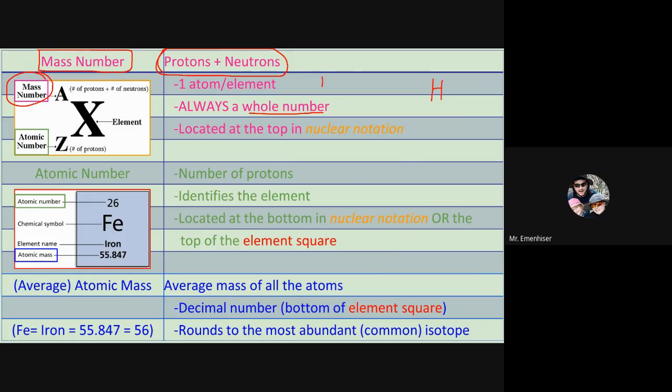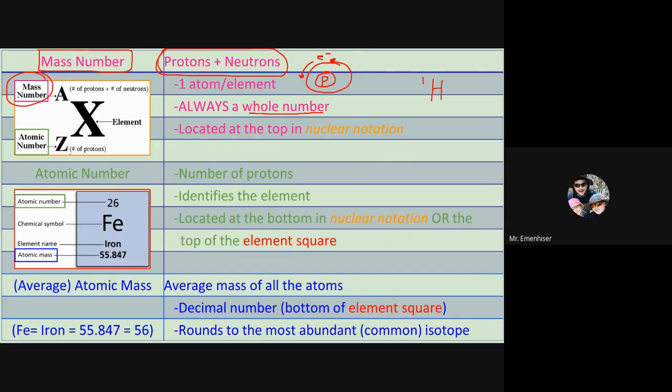It had 1 proton in the nucleus, and then it had 1 electron orbiting. So that's real simple. 2 particles, 1 proton in the nucleus, 1 electron zipping around this atom. That would be hydrogen. The mass would be just 1 because it's got 1 proton. So the mass would be 1, and it goes up in the top left corner.